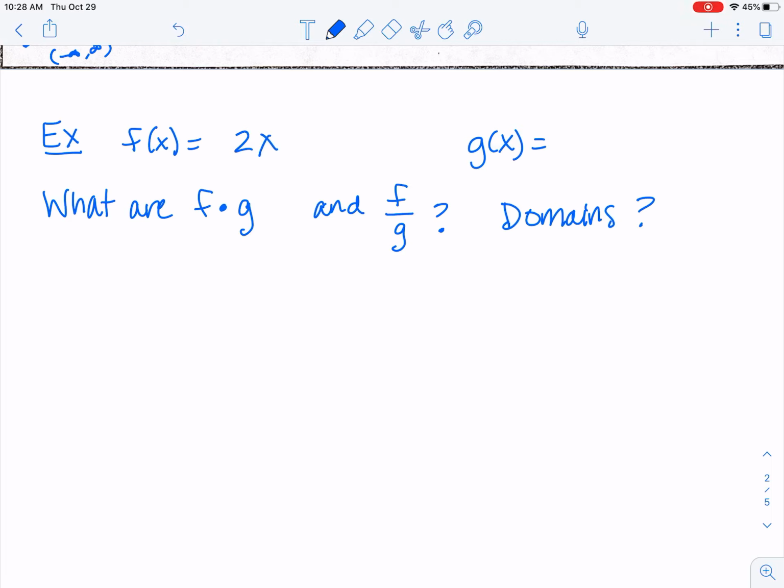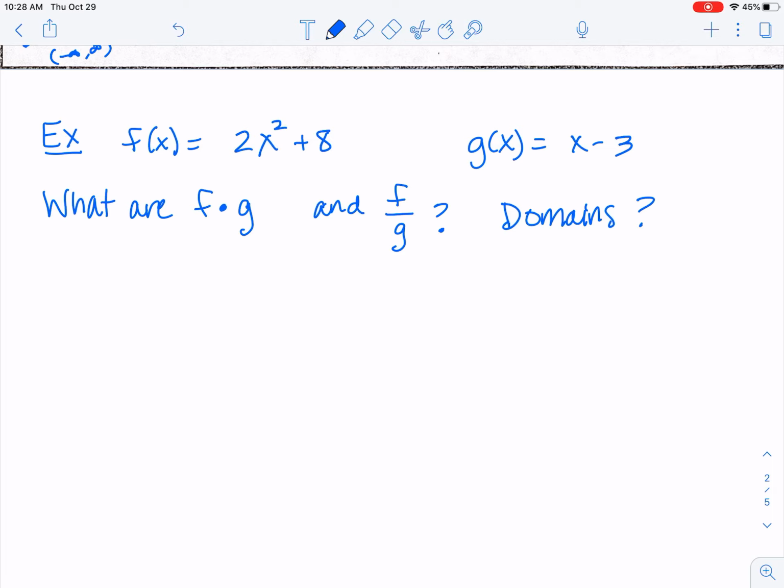Let's say we got 2x squared plus 8 and x minus 3. So that goes from that first example, problem 1, but this time we're going to do the multiplication and the division.